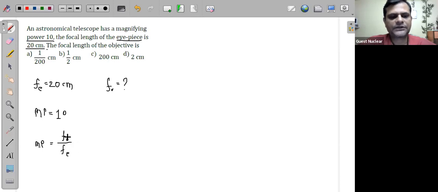So if the ratio of these two is given to be 10, so we can just get this 10 to be simply equal to FO, which is to be found out, and FE, which is given already, that is 20 centimeter. So if we just multiply these together, then we can get this FO to be simply equal to 200 centimeter. Remember, so this will actually be the focal length of objective here.